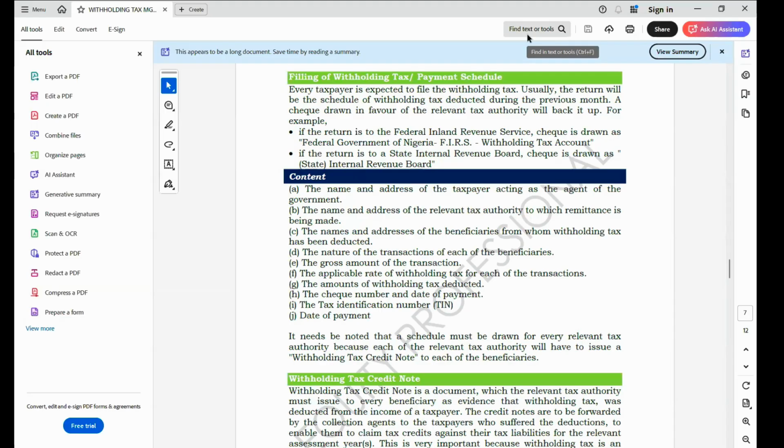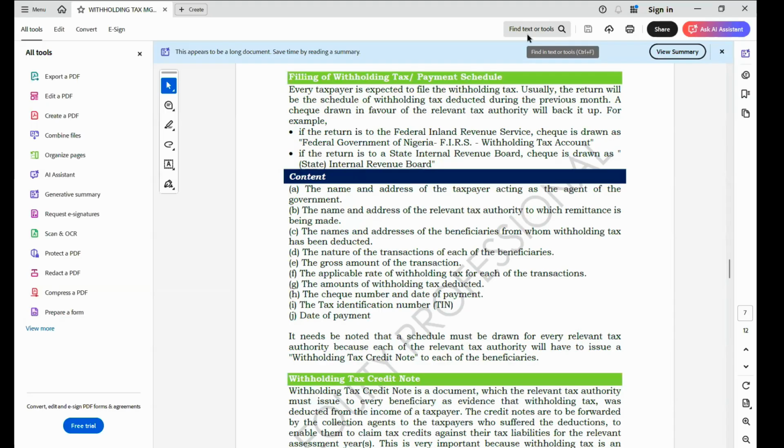After deducting that withholding tax, you are not paying it to your own state of residence. You pay it to the state of residence of that individual, which is Ogun State Internal Revenue. Is that clear? Yes. So it has to be paid to the state of residence of the individual accordingly. Where you have individuals resident in various states, you have to remit to each of their states' internal revenue.